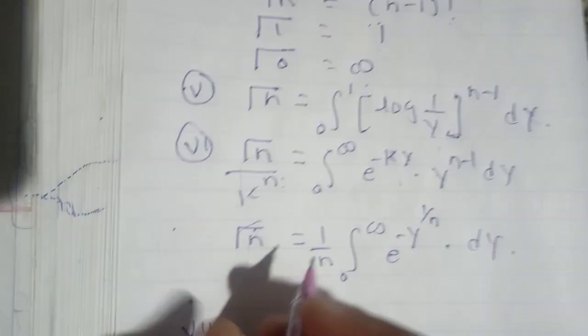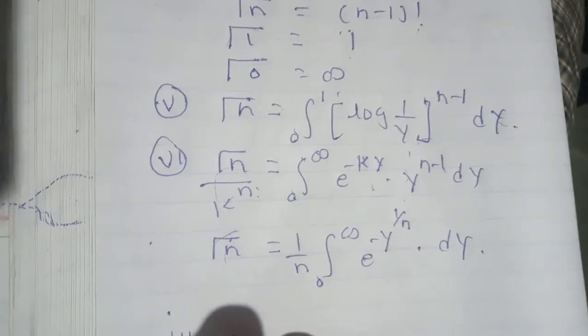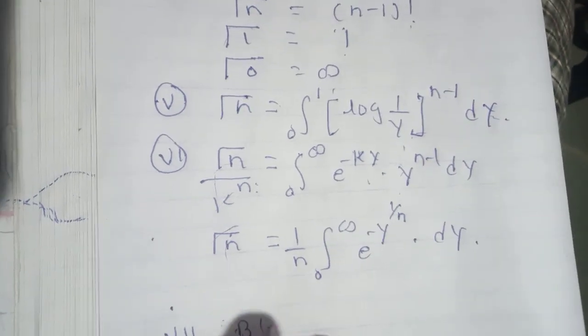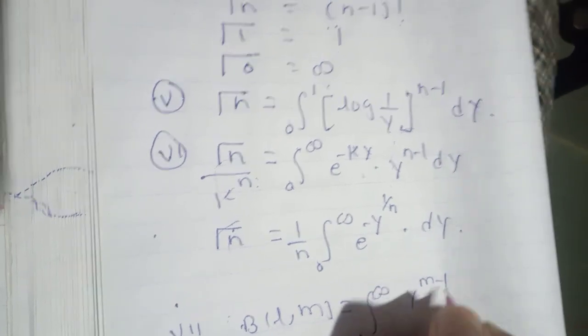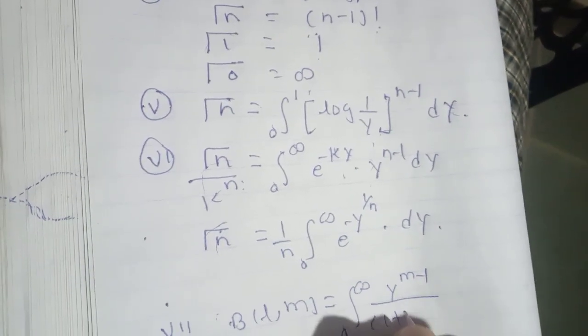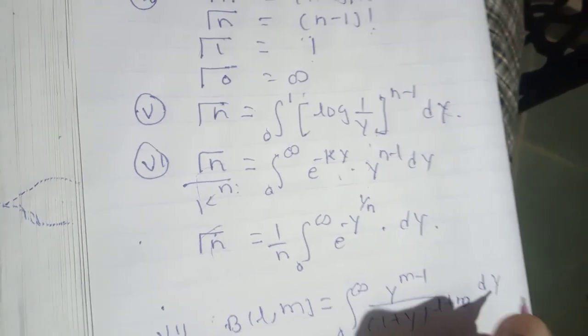Then another form of beta function, that is another transformation form of beta function. The first transformation form is beta of L and M is equal to integration 0 to infinity y raised to m minus 1 divided by 1 plus y raised to L plus m into dy.